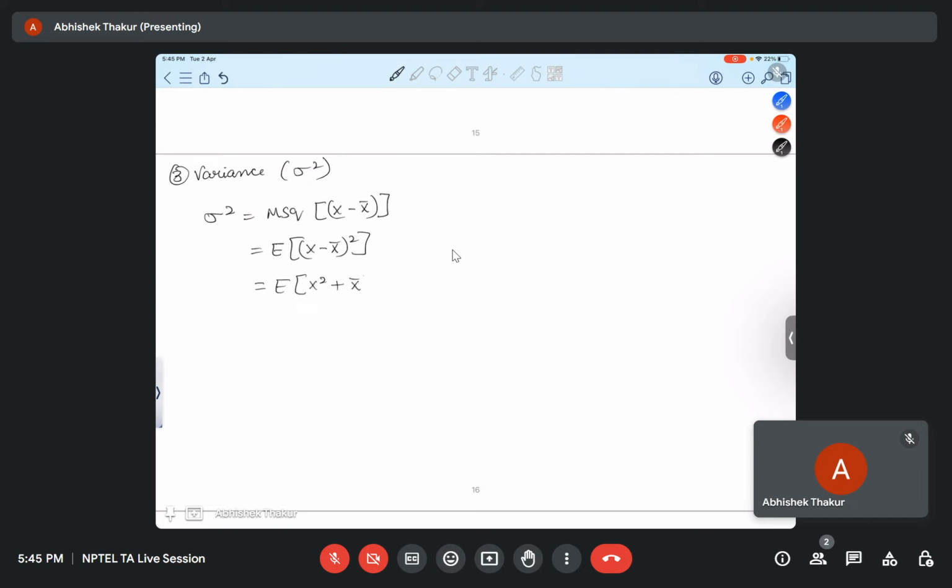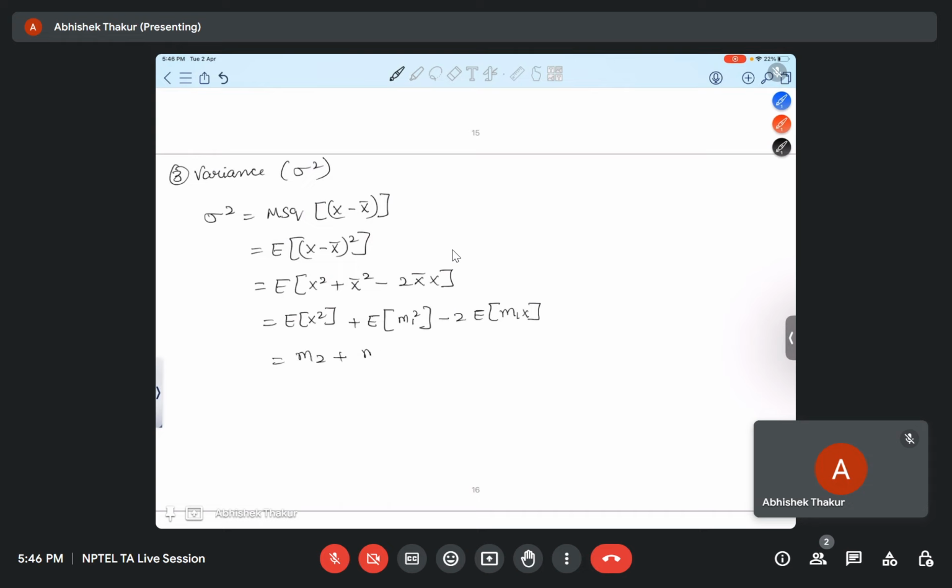So x bar squared minus 2 into x bar into x. So this can be written as E of x squared plus E of x bar squared, the mean square, minus 2 into E of m1 into x. So E of x squared is m2.